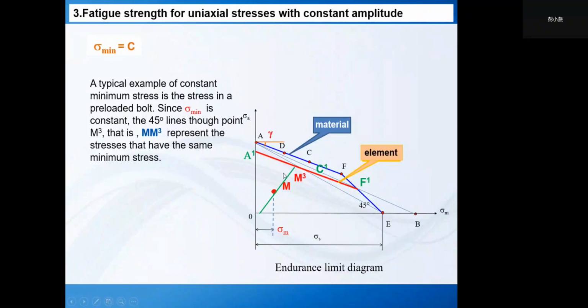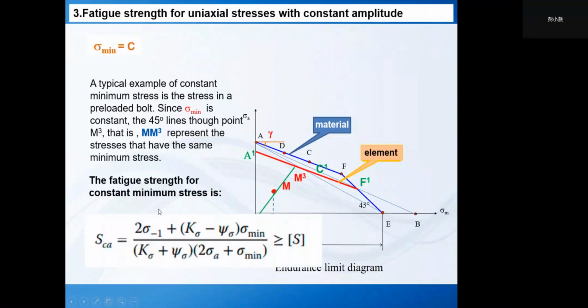This line represents the stresses that have the same minimal stress, and the safety factor should satisfy this.